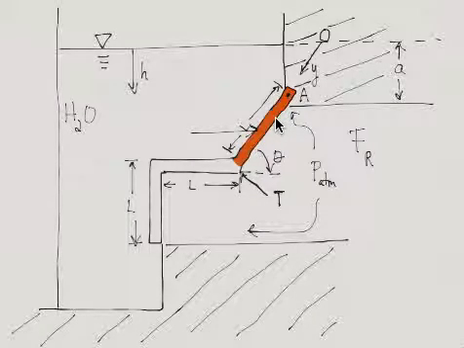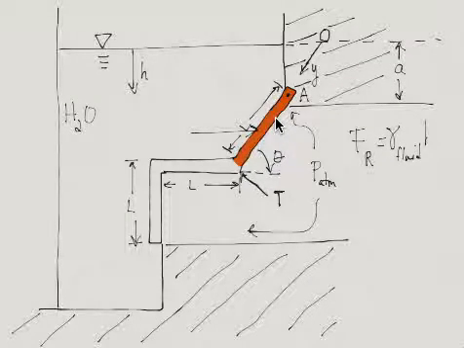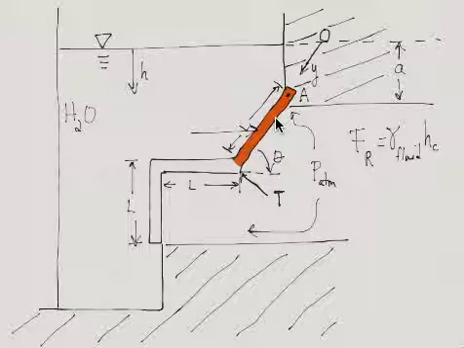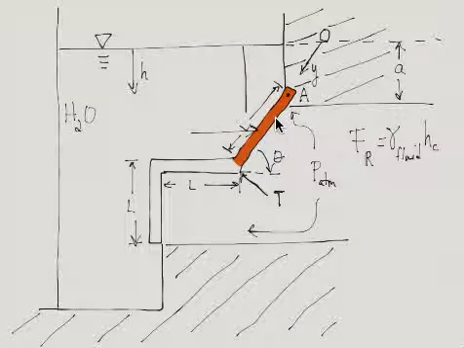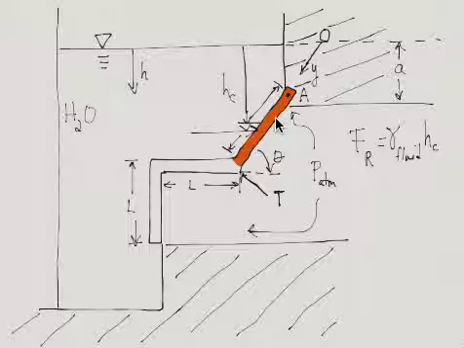It acts on this plate here, and is equal to gamma of the fluid times HC, and that's to the center of the plate. So we're going to measure that from this location down to the center of this plate. This should be our HC. And then we're going to have the area of the plate.